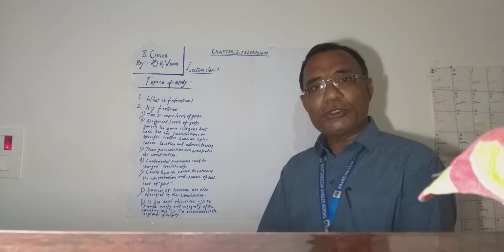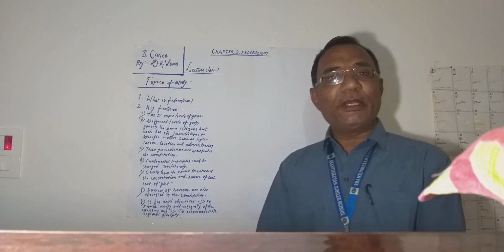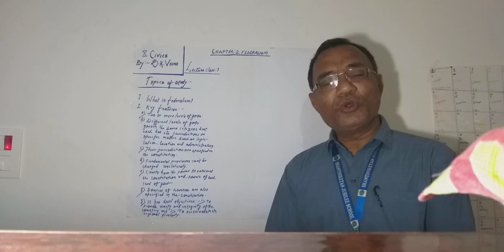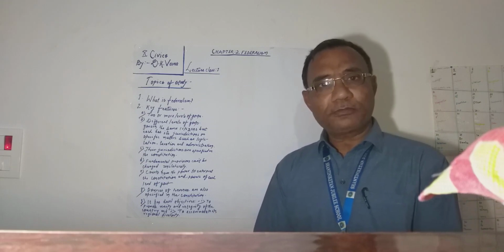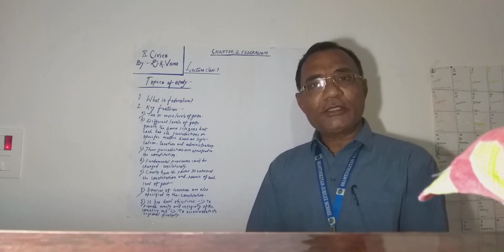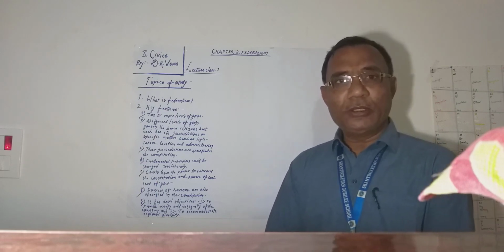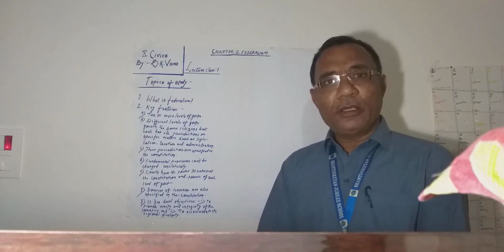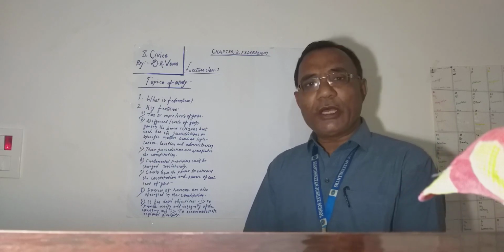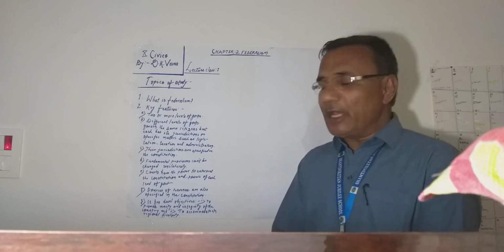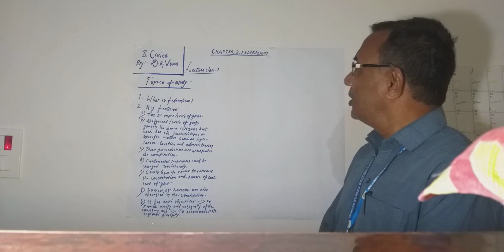Students, it is because democracy is based on the principle of division of powers. And as we all know that India is a true example of democracy, that is why it is quite necessary for us to study well about federalism.